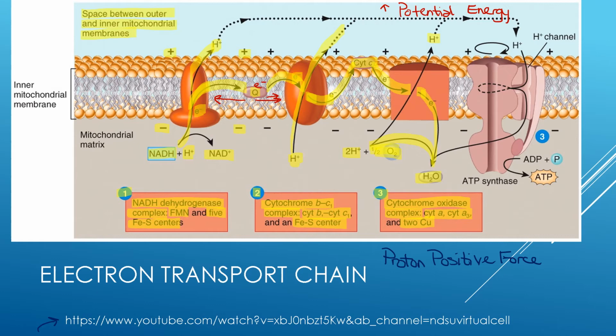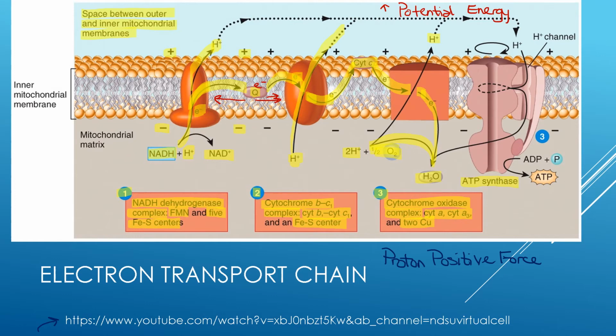Now, as hydrogen ions flow back, because they want to travel down their concentration gradient, these hydrogen ions will actually generate ATP because hydrogen channels will also include the enzyme ATP synthase.